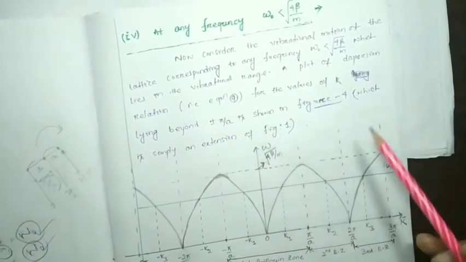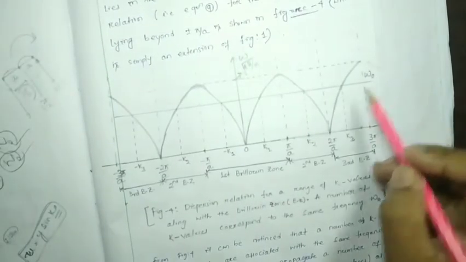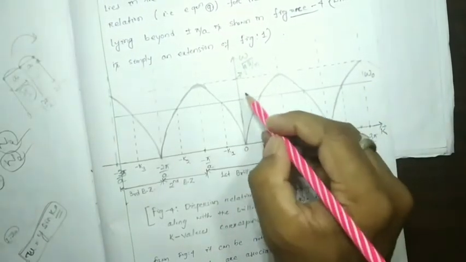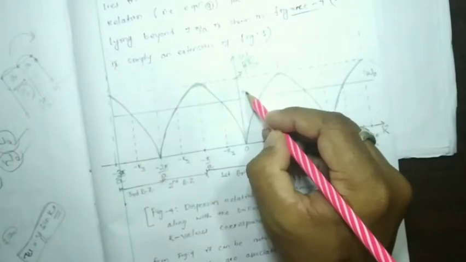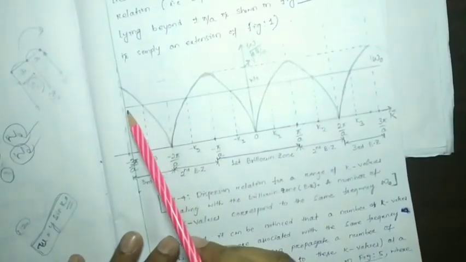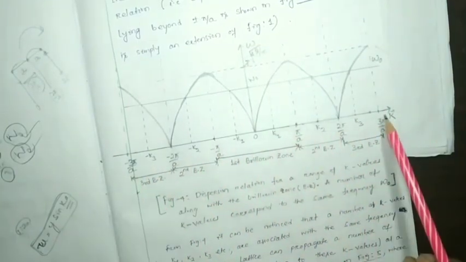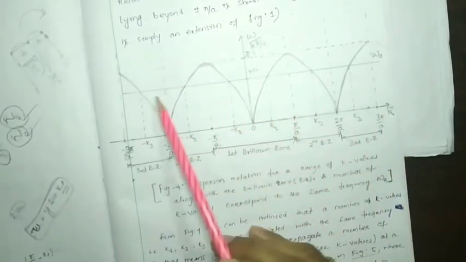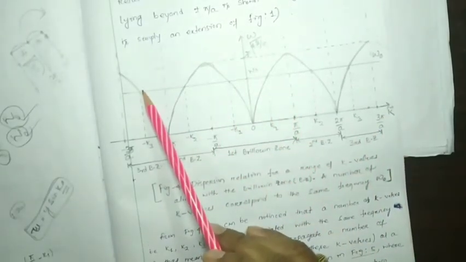That means any arbitrary frequency we consider, that is omega 0. And if I consider a line which is parallel to the x axis, then it will intersect here.